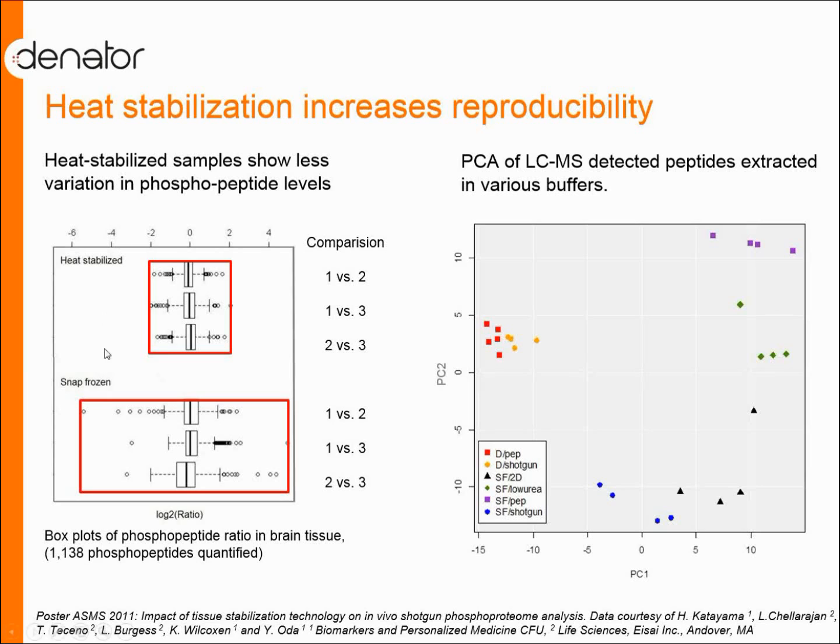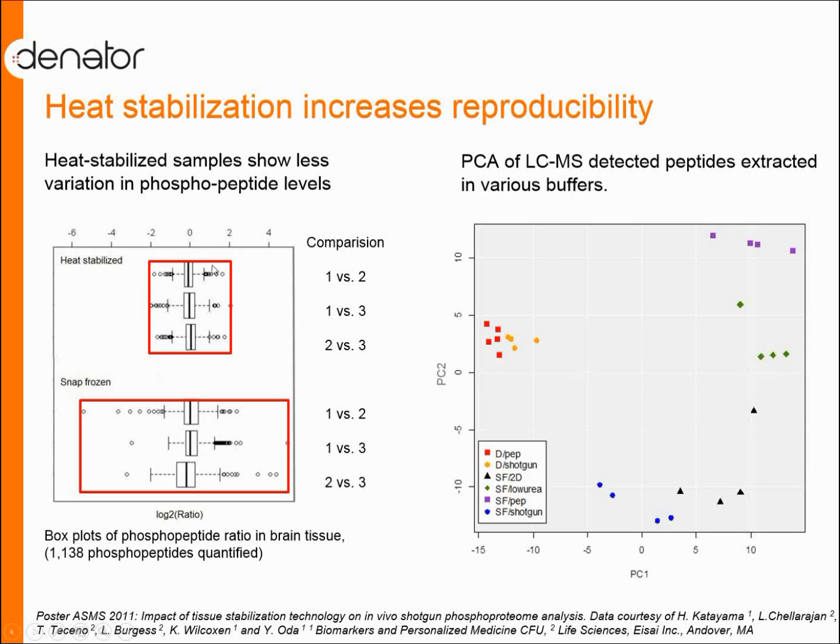The example on the left is a shotgun experiment, where we're comparing the intensities of the same identity in sample 1 and 2, 1 and 3, and 2 and 3. Ideally, they would have the same intensity in all 3 samples. There are some that are higher in intensity in one versus the other, and in some cases lower, and so on.